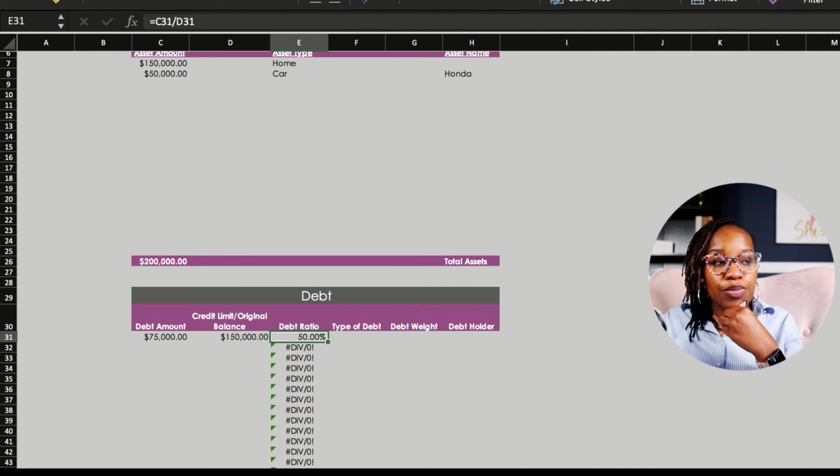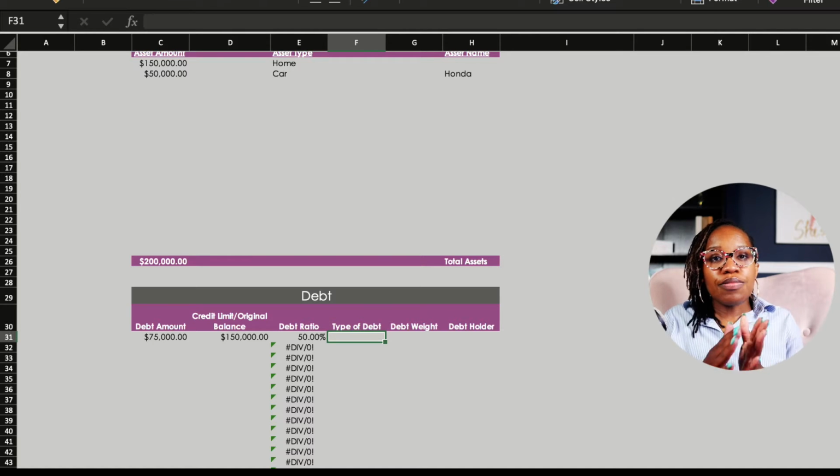So we still owe 50% of that debt, right? And ideally, you want to make sure that when you're talking about your debt ratio as it pertains to credit bureaus, they want you to have your debt ratio to be 30% or less.